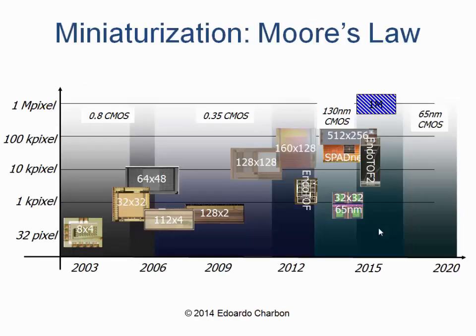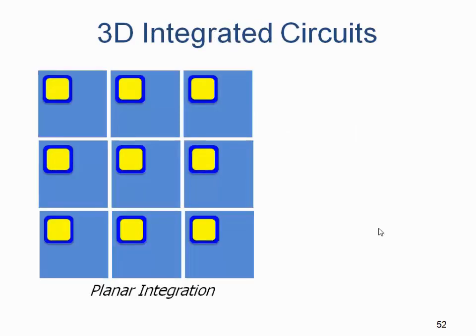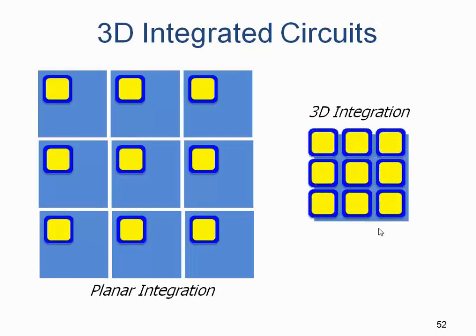So in the interest of time, I'd like to just give you some discussion about some of the future developments that could be happening. One is combining 2D and 3D. This is work that was published in ISSCC a couple of years ago and also championed by Eric Fossum. But I think the most important is really the trend of going to 3D.